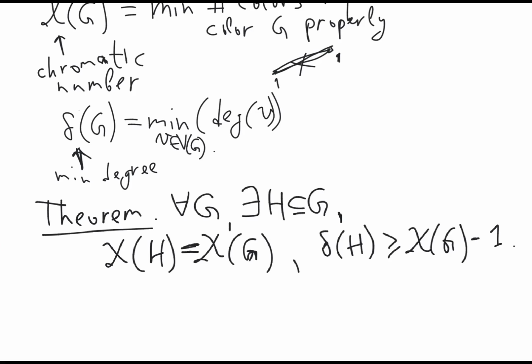So we can find a subgraph in any graph with the same chromatic number as the original graph and the minimum degree bounded from below in terms of the chromatic number.